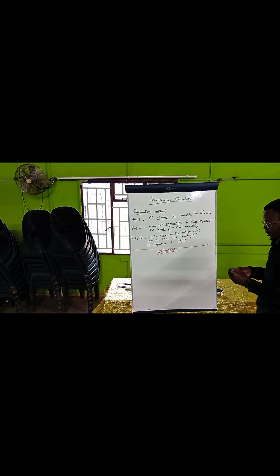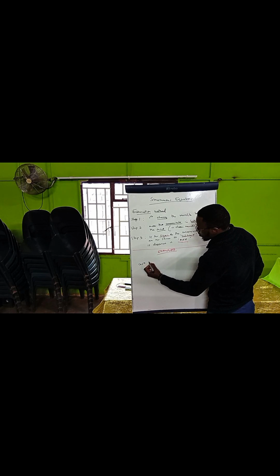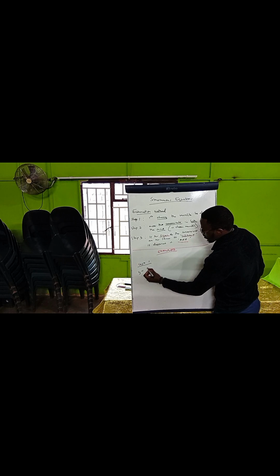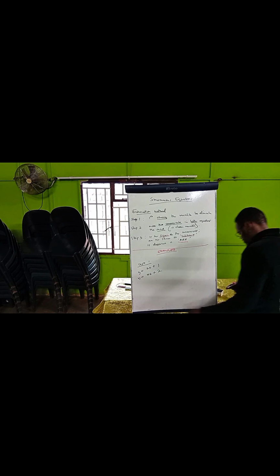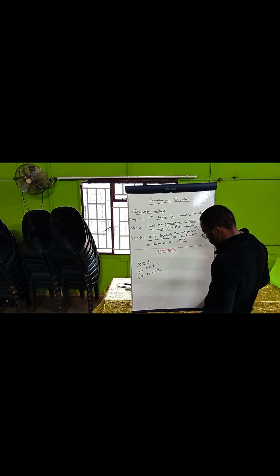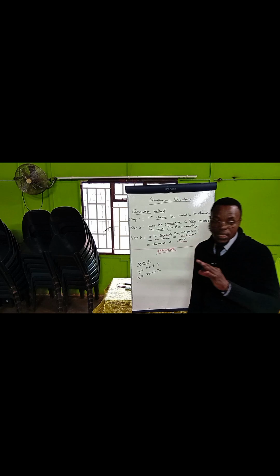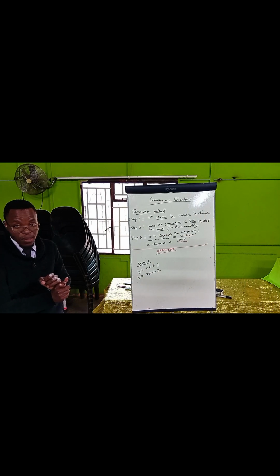So let's look at the first case. Let's call it case 1. Now case 1 will always be the easiest. Let's say we've got y equals 2x plus 1 and y equals 4x plus 2. Because there are 3 steps: the first step is to choose the variable you want to eliminate.